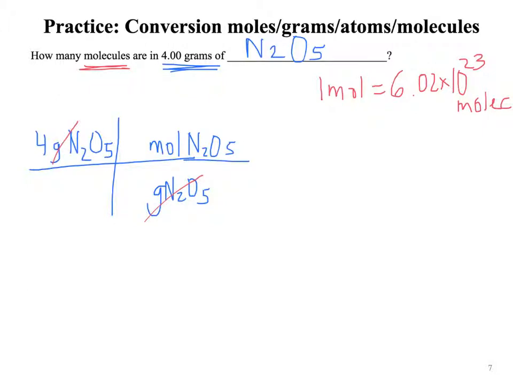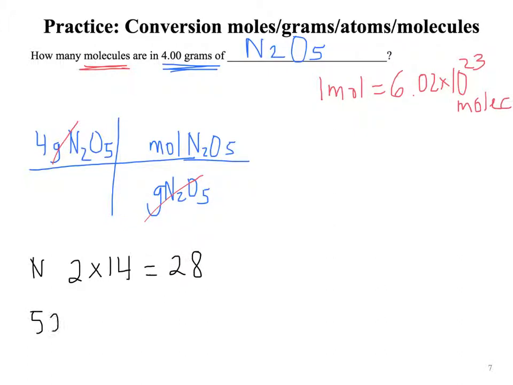So I need the molar mass of dinitrogen pentaoxide. So I'll do that real quick here. We have 2 nitrogens times the molar mass of nitrogen, which is 14.